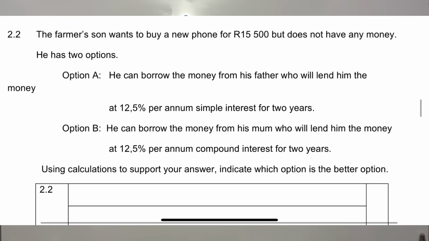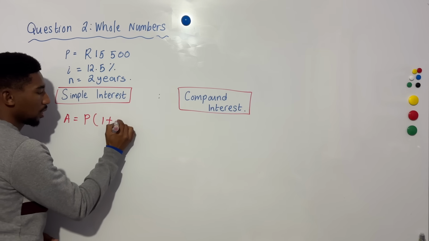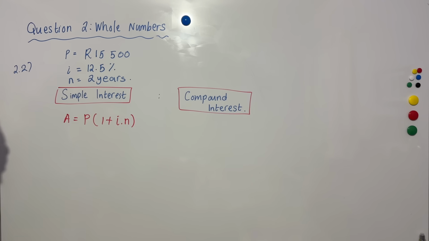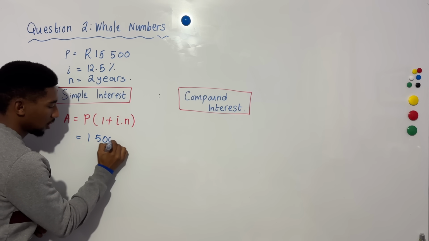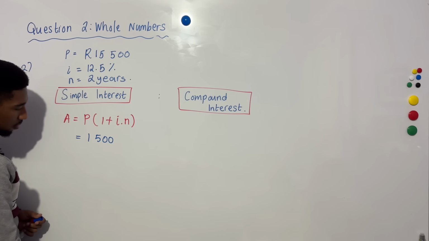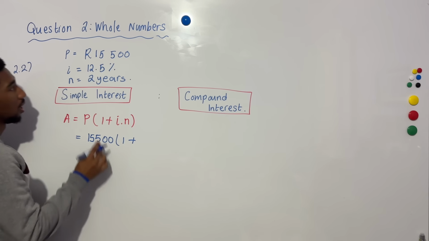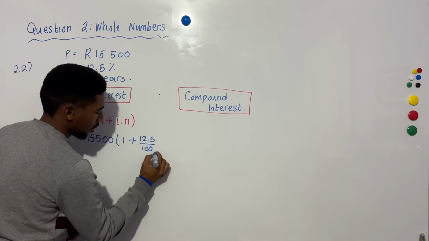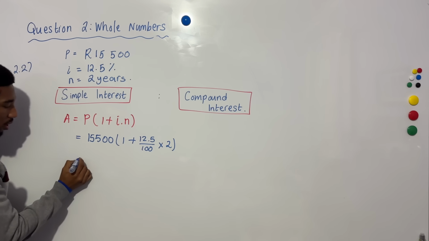So let's start with the father with the simple interest formula of A is equal to P(1 plus i.n). Okay, so we know that P is the principal amount, so it is 15,500. Brackets, 1 plus that 12.5, we know it goes over 100, that's the percentage, and we multiply that with n, which is 2 years.